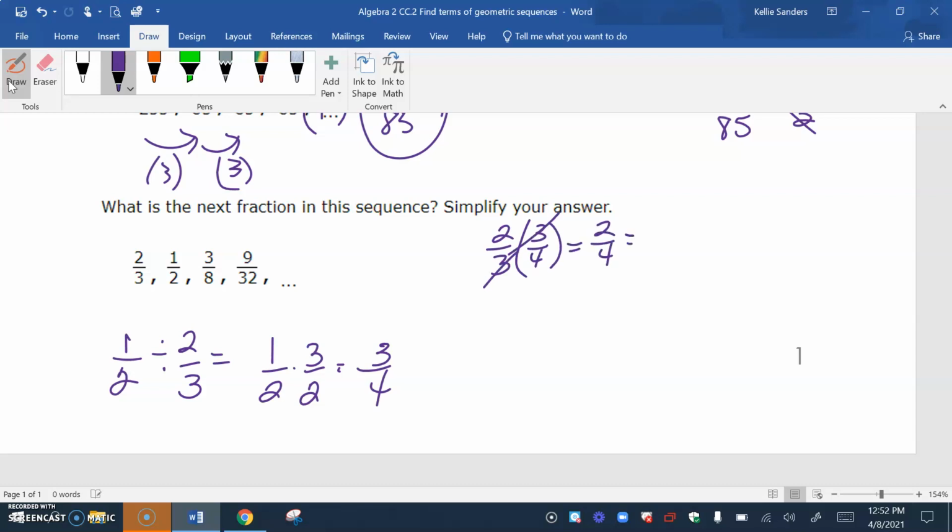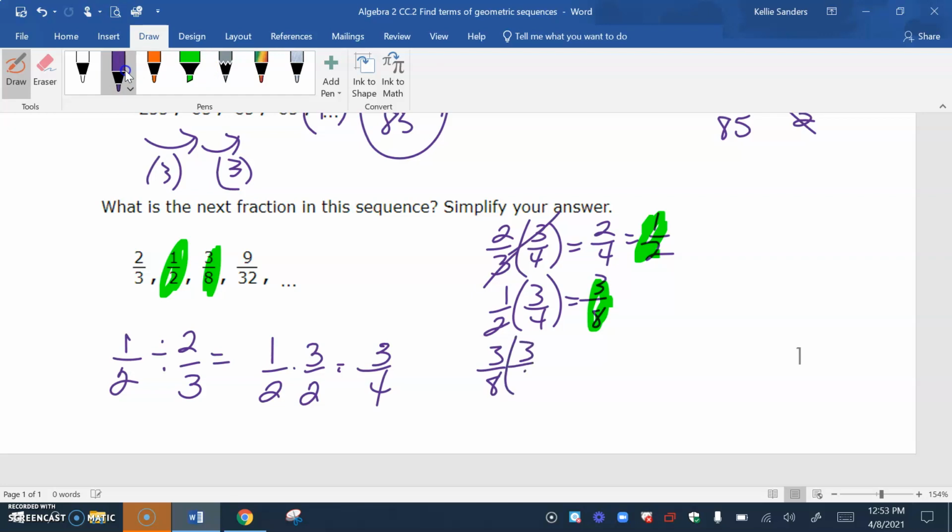I'm left with 2 over 4, which is 1/2. If I take 1/2 and I multiply it by 3 over 4, I get 3 over 8. That doesn't reduce. If I take 3 over 8 and I multiply by 3 over 4, I get 9 over 32, and that doesn't reduce.